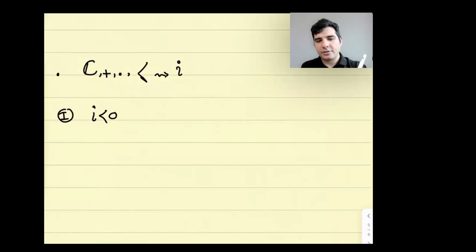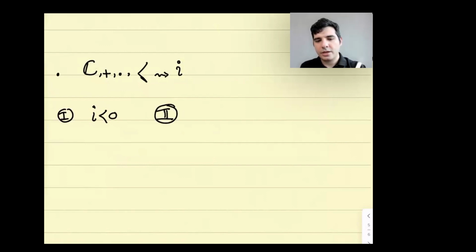Let's do it. Proof by contradiction means suppose we have C with addition and multiplication. Let's say we do have an order on C. So if I consider the imaginary number i, it's either positive or negative, right? Possibility number 1, i is less than 0.